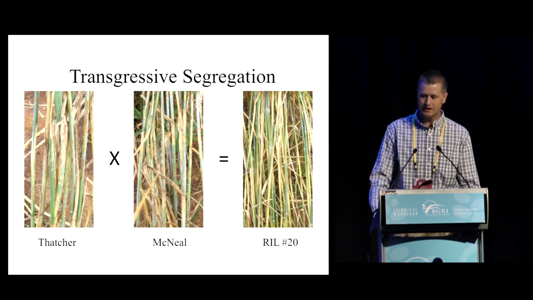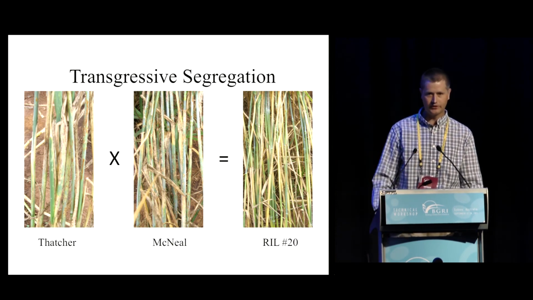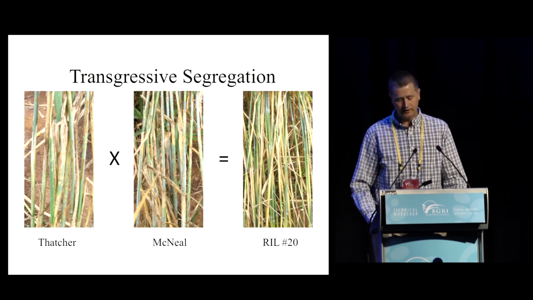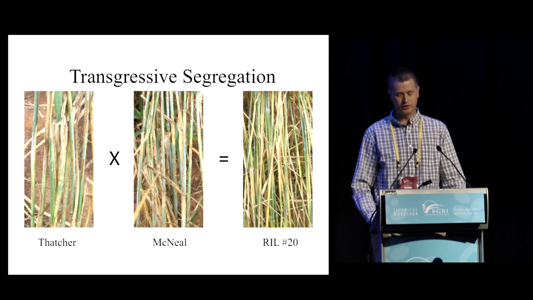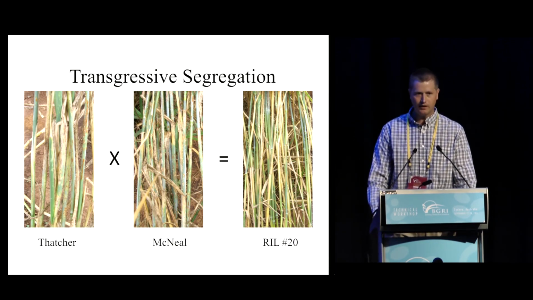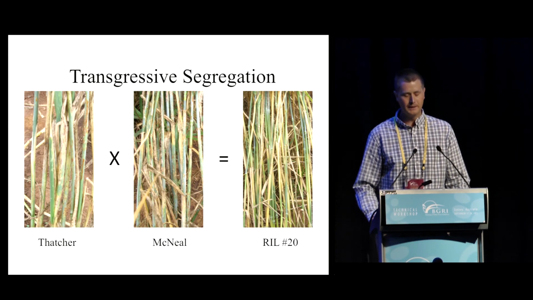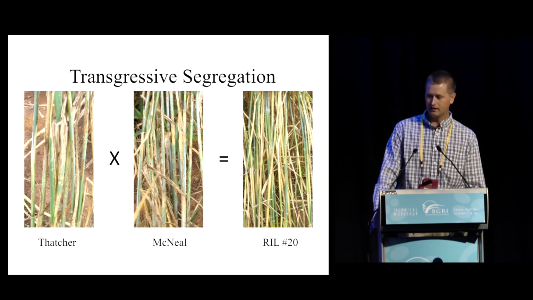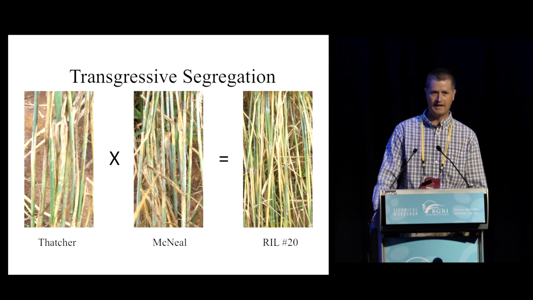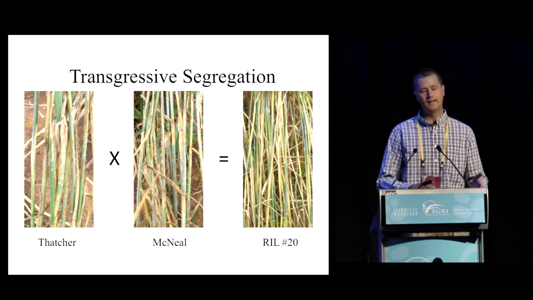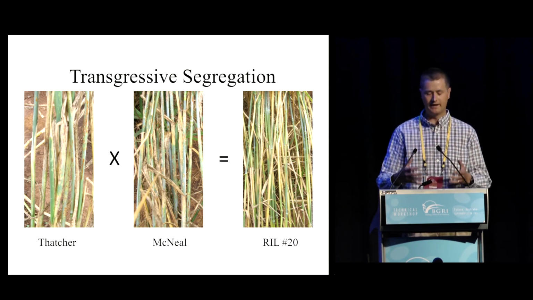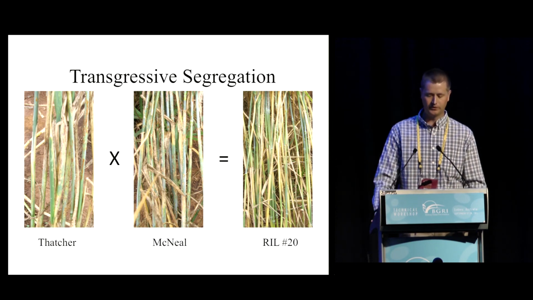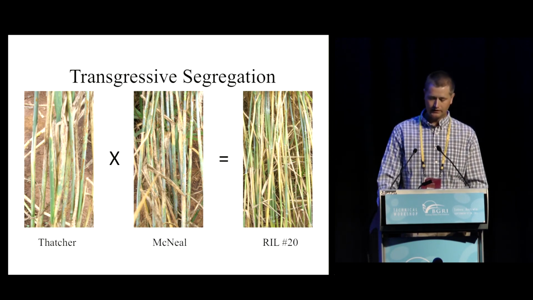The key point to understand about Thatcher resistance is that there is this transgressive segregation. Though Thatcher itself is quite susceptible in the field, when you cross it with a variety that has the gene LR34 or SR57, you can get lines in the population that have both LR34 and also the resistance from Thatcher that have very strong adult plant resistance.